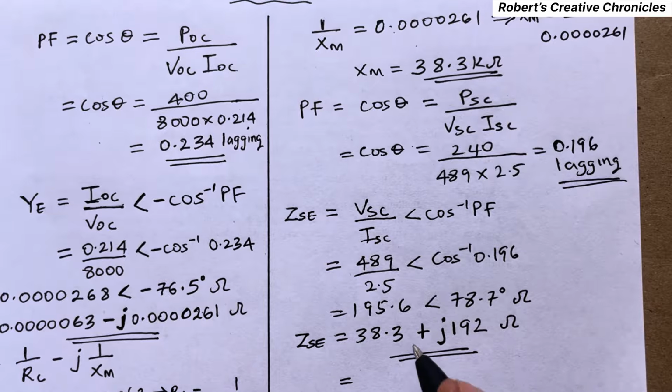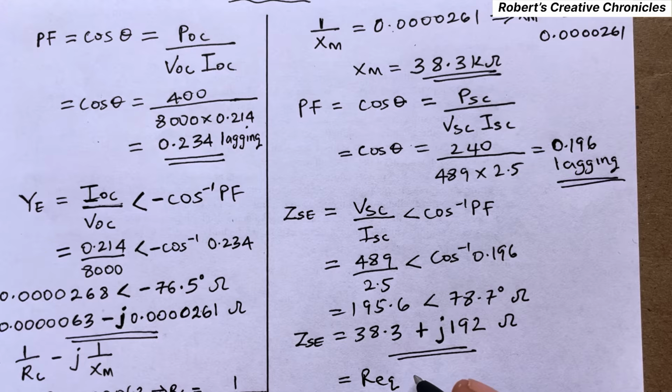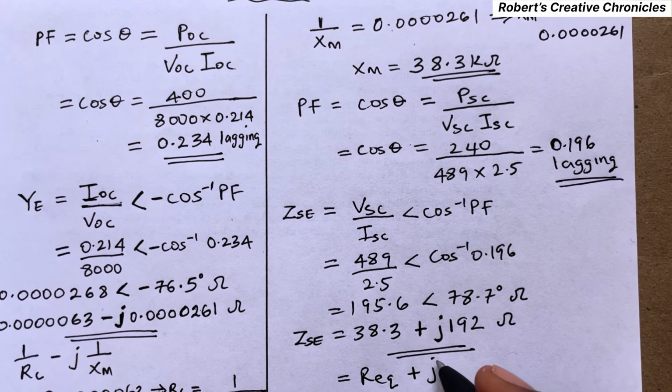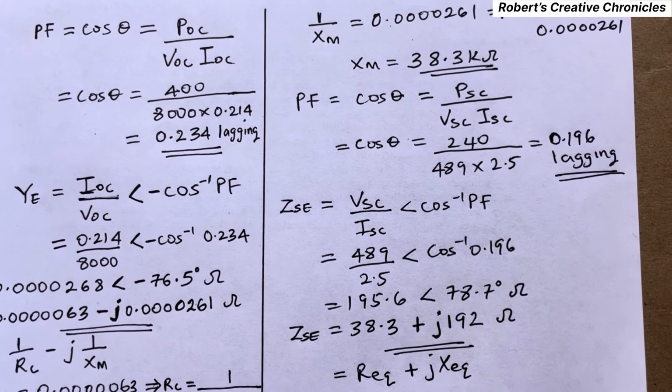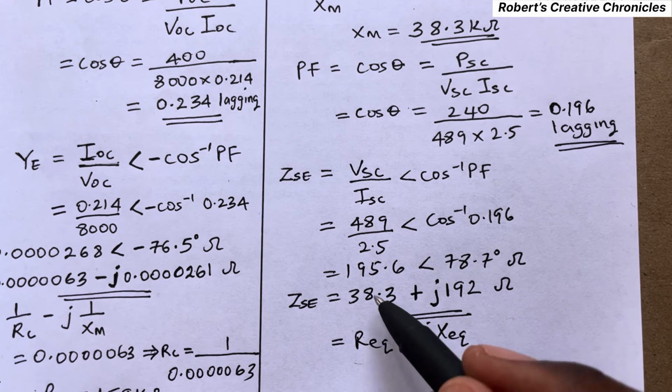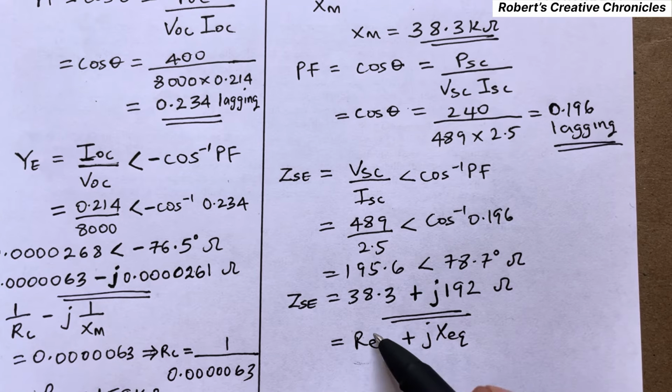This series impedance also gives us the equivalent resistance plus j times the equivalent reactance. So if we compare these two equations, you can see this is the equivalent resistance and this is the equivalent reactance.